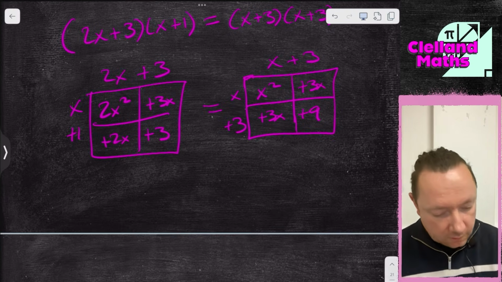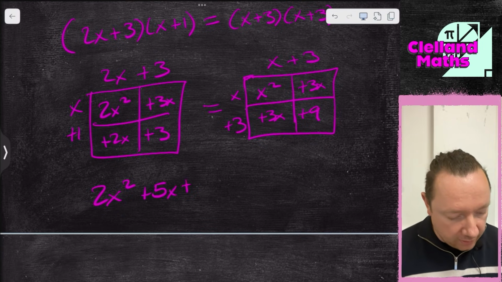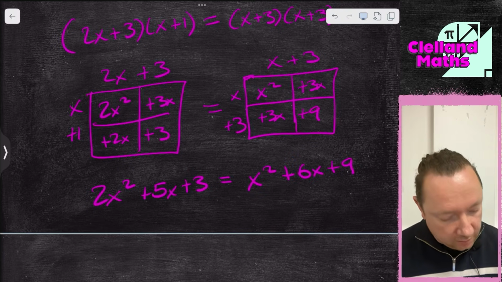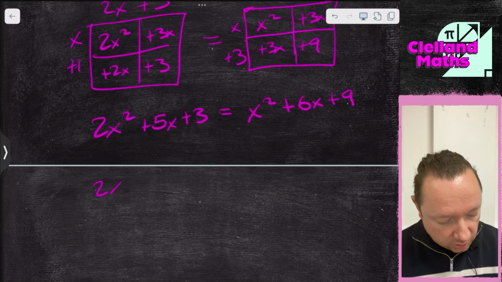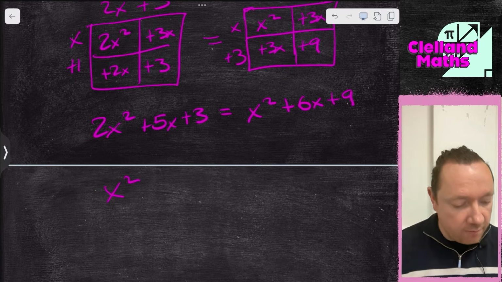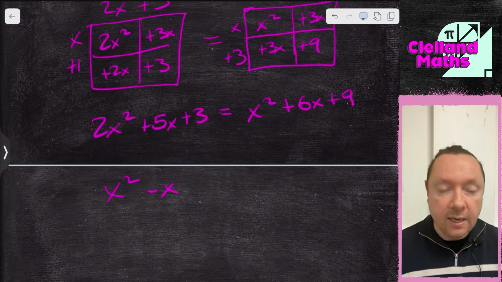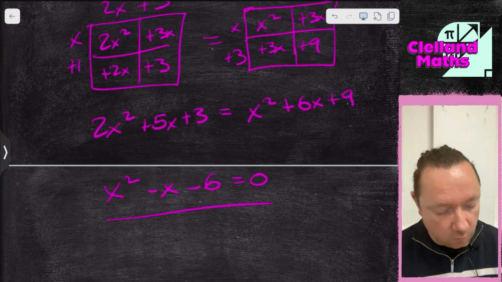So that gives me 2x squared, 3 plus 2 is 5x, and then plus 3 on the left, and then x squared, 3x plus 3x is 6x, and then plus 9. So moving everything over, 2x squared minus x squared is just x squared on this side, 5x, then take away 6x is minus x, and then 3 take away 9 is minus 6 equals 0, and that's what we want to show.